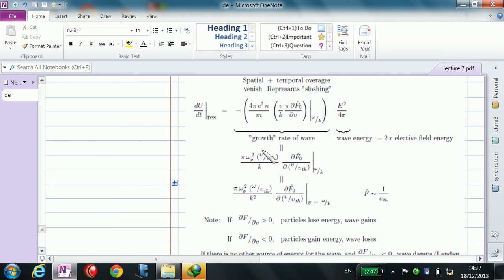Now I'm dividing v by v thermal. I'm also dividing this dv by v thermal. So this looks right. And this is a dimensionless number. So everything there is dimensionless. No, but omega p squared, I still have 1 over time by 1 over k.